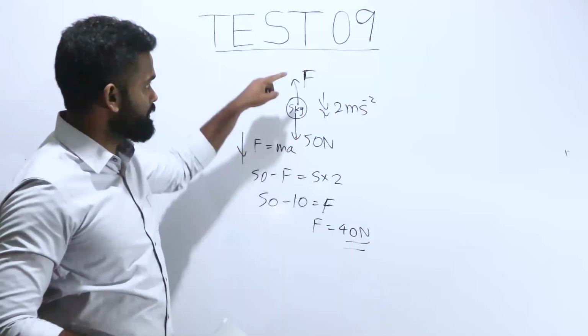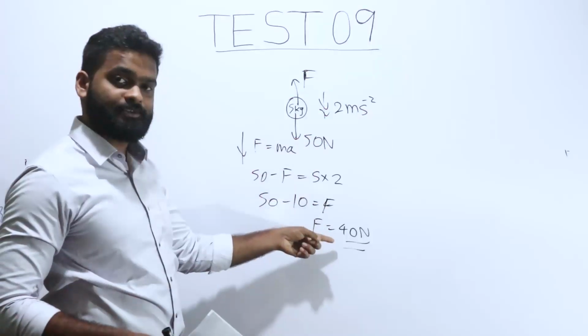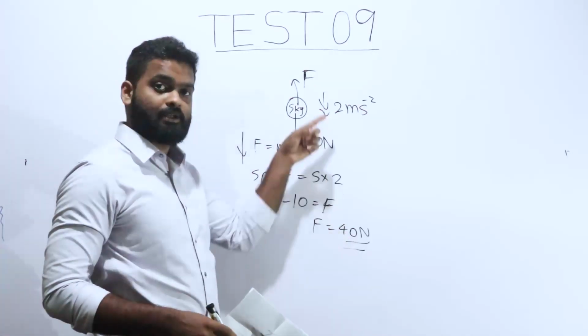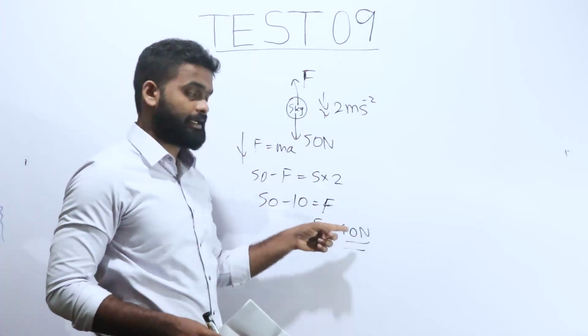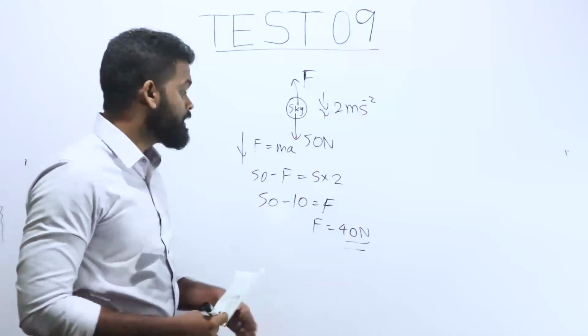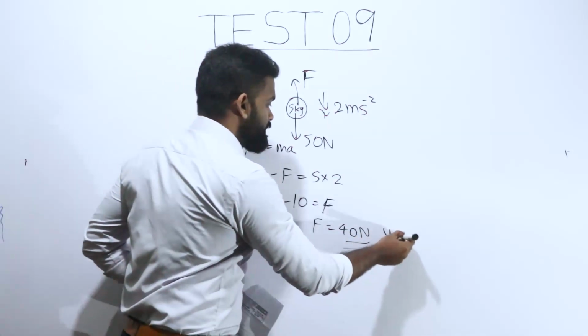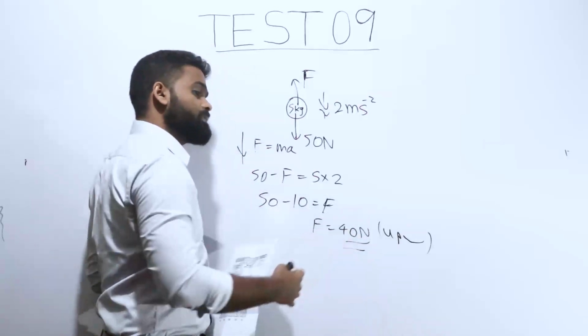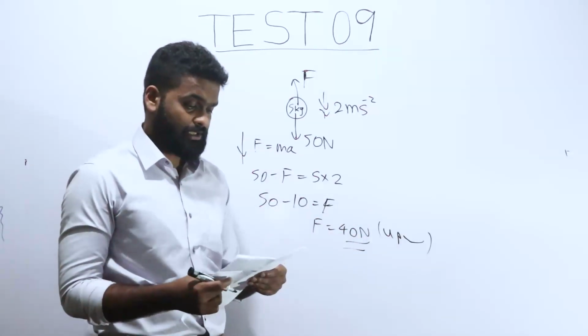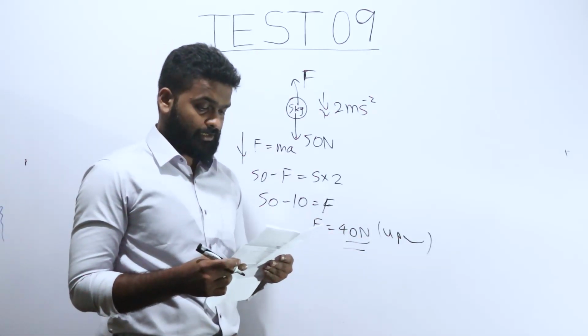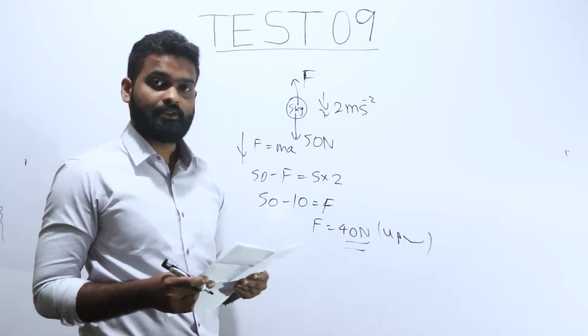I have marked 40 Newton upwards. I got a positive value, meaning that the direction I marked the force is correct. It is 40 Newton, so it should be upwards. So it is confirmed that the force to be applied should be upwards. So the answer should be the third one for the third question.